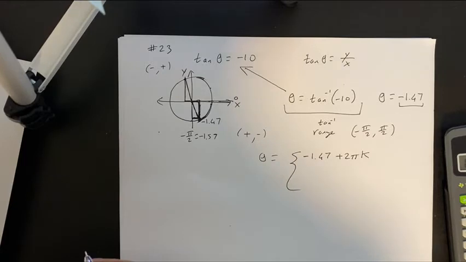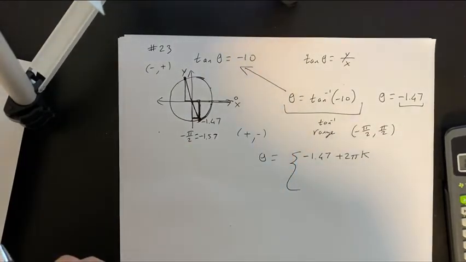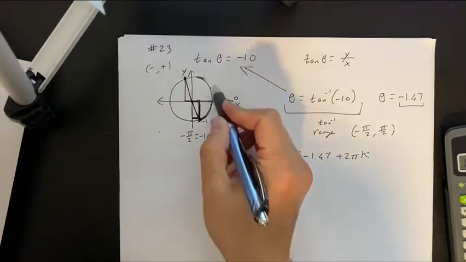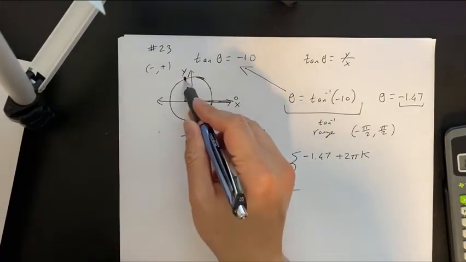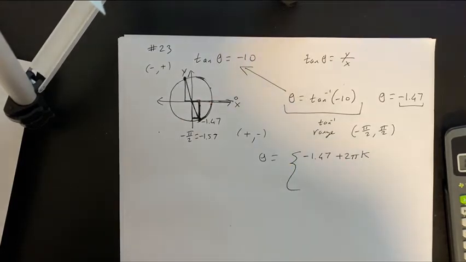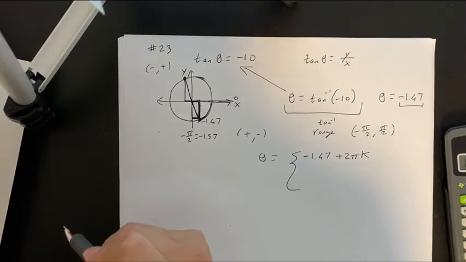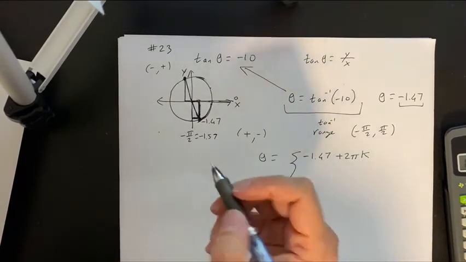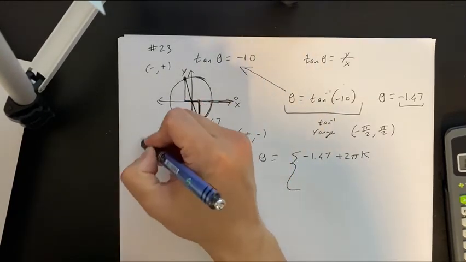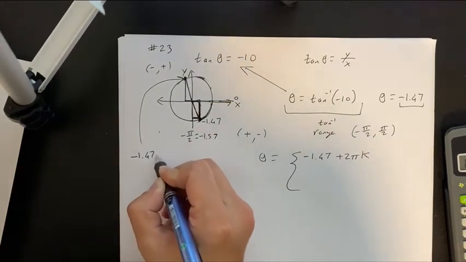All right. How do I get this other position? Well, by the symmetry of the unit circle, this other position is just pi away. So I can get to the second position by adding pi. Right away, I know that this position is just negative 1.47 plus pi.